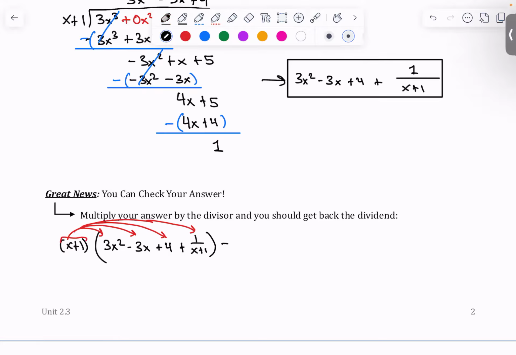So that gives me 3x squared times x plus 1 minus 3x times x plus 1 plus 4 times x plus 1 plus 1. Because remember, when I distributed into the last term, the 1 over x plus 1, the x plus 1s will cancel.